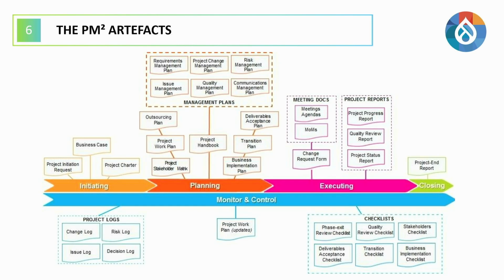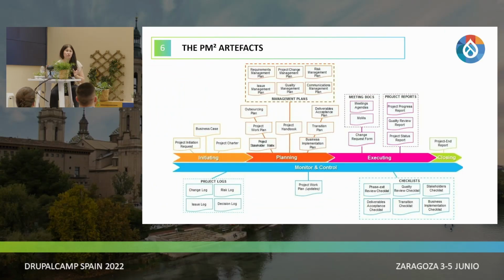We have outsourcing, if it is the case, might not be applicable in some cases, which is fine, project work plan, a stakeholder matrix, the handbook, and then we have deliverables, transition plan, and business implementation plan. These two, I have to be honest, I never have the chance to use those templates, so I won't be able to really explain to you how they can be used.